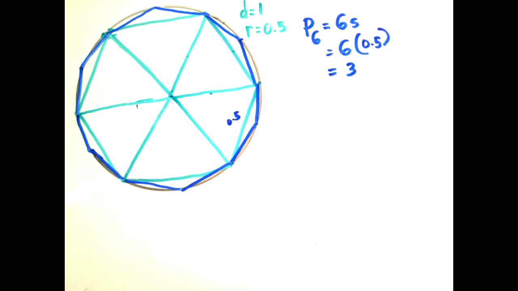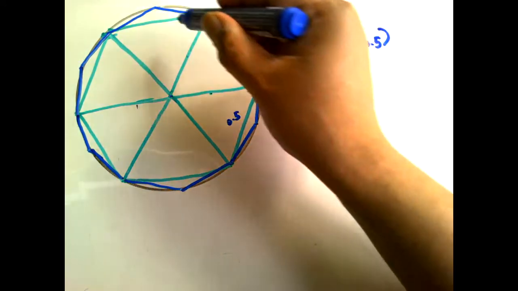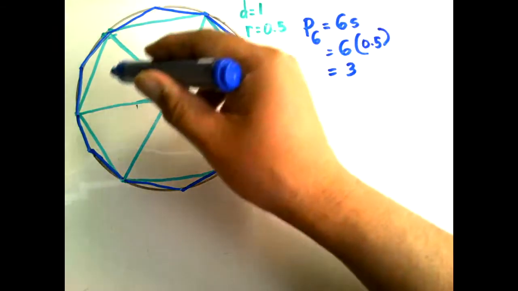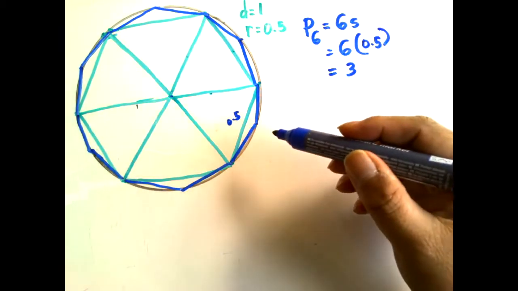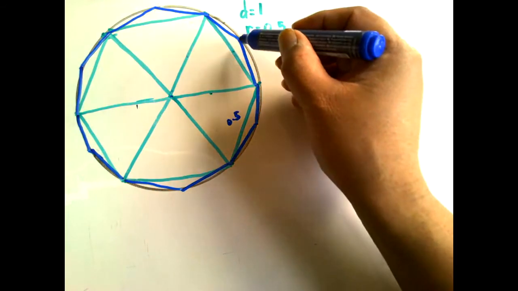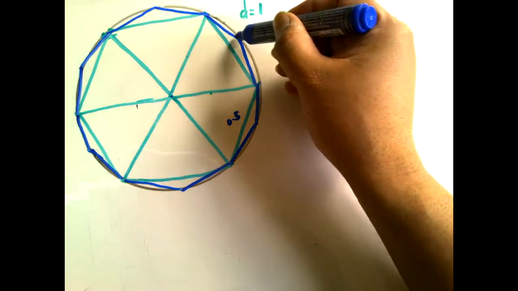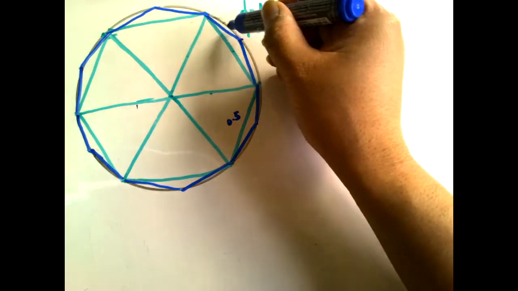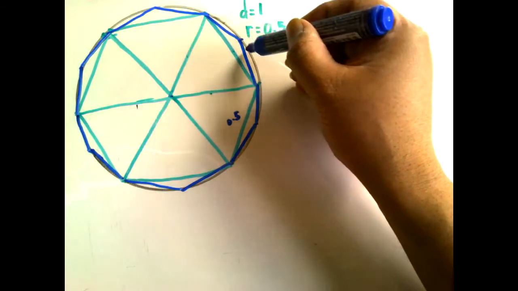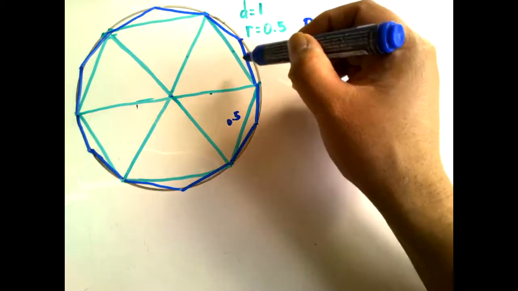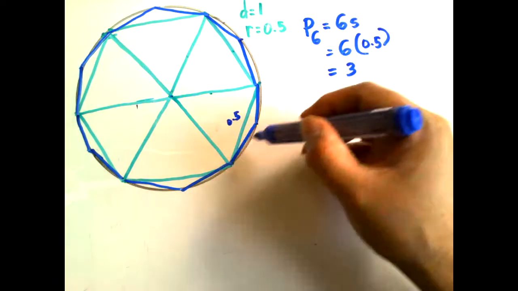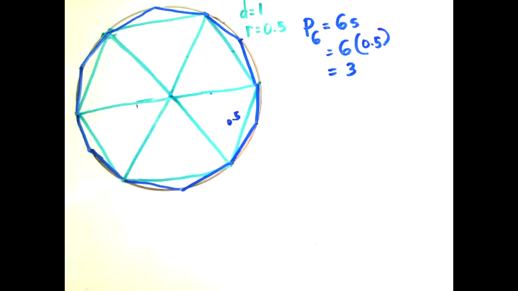I always love this because it slows it down. So here you have a 12-sided figure, a dodecagon, and you can see that the perimeter of this figure should be so close to the perimeter of the circle.